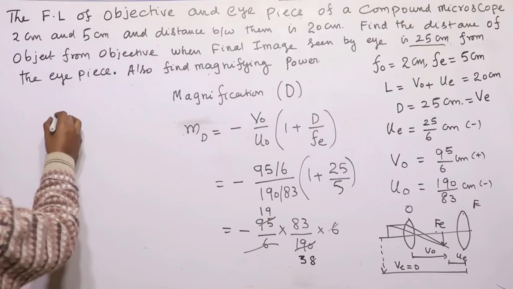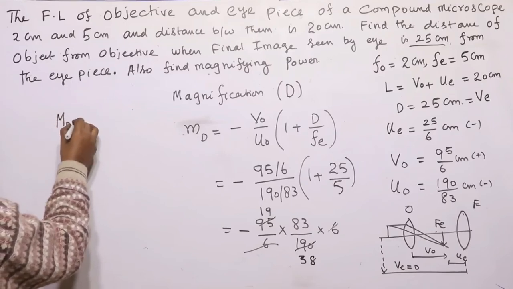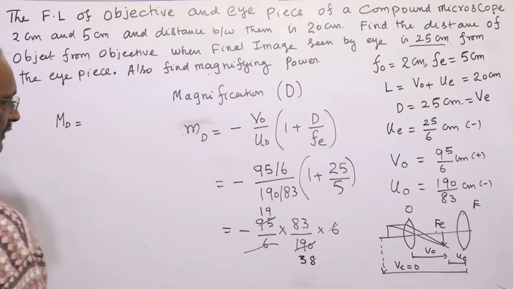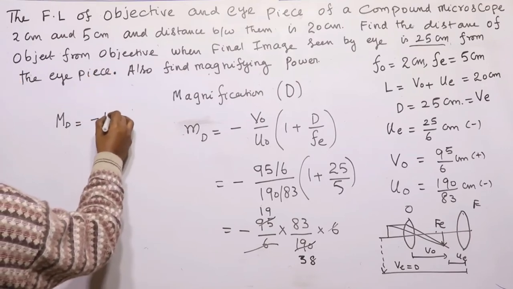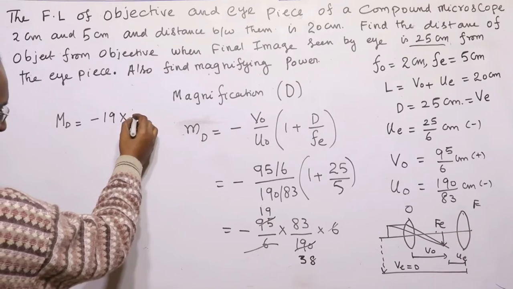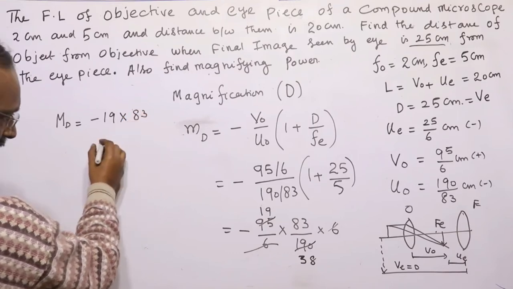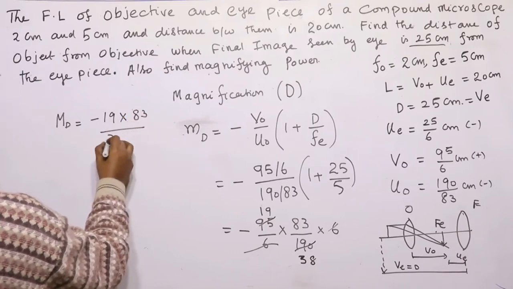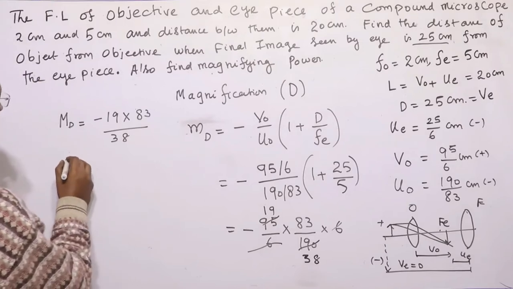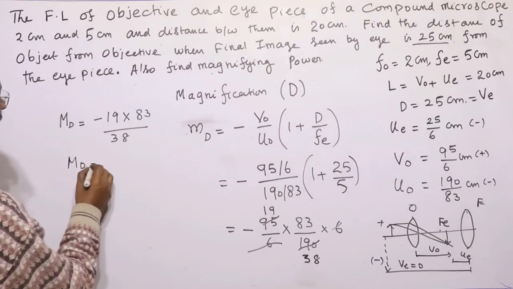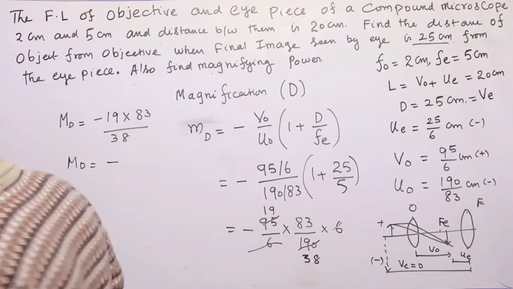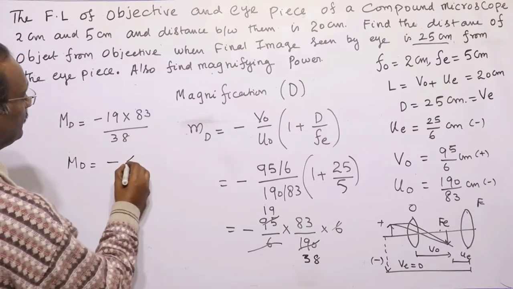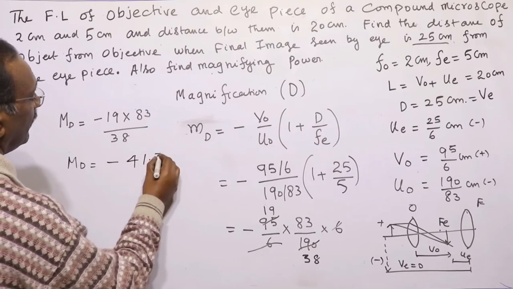So the magnification of the microscope when the image is formed at the least distance of distinct vision is equal to minus 19 into 83 by 38, whose value comes out to be M D is equal to minus 41.5.